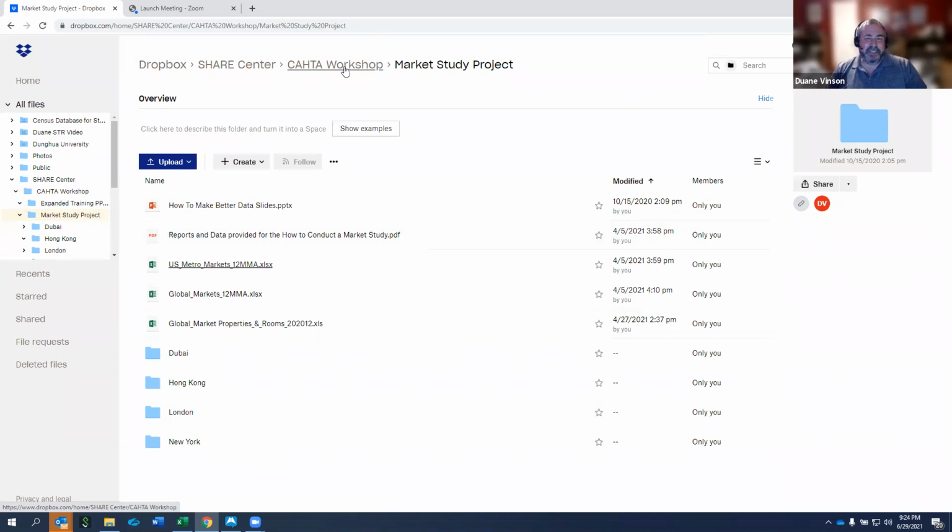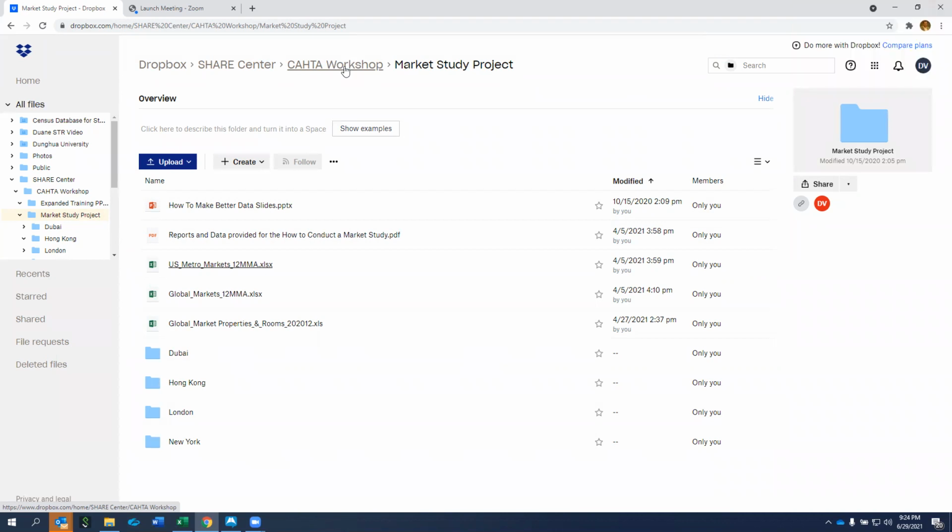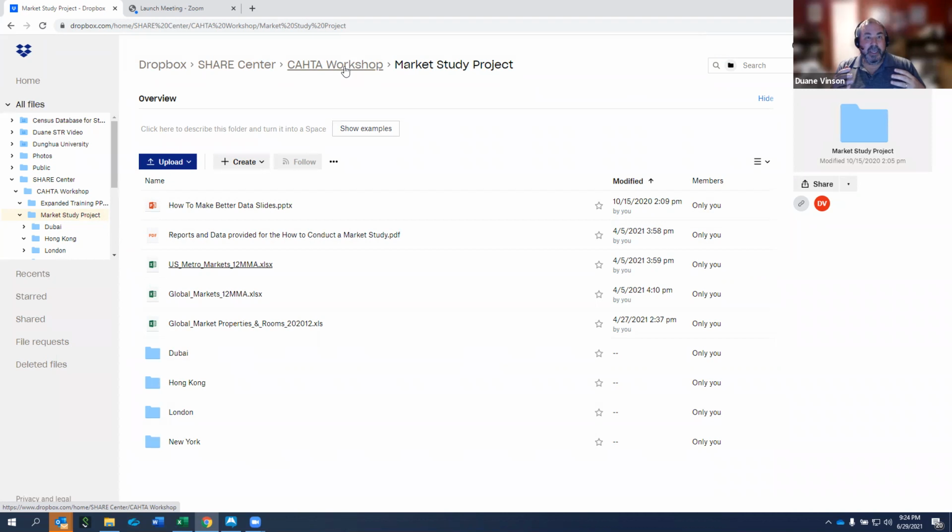Does anyone have any questions about the data that's included there? If there's something else that you think you need or would like to have, in working on your project, in your analysis, discussions with your group, send me an email. We'll certainly provide you with a few additional reports and data if you need that.